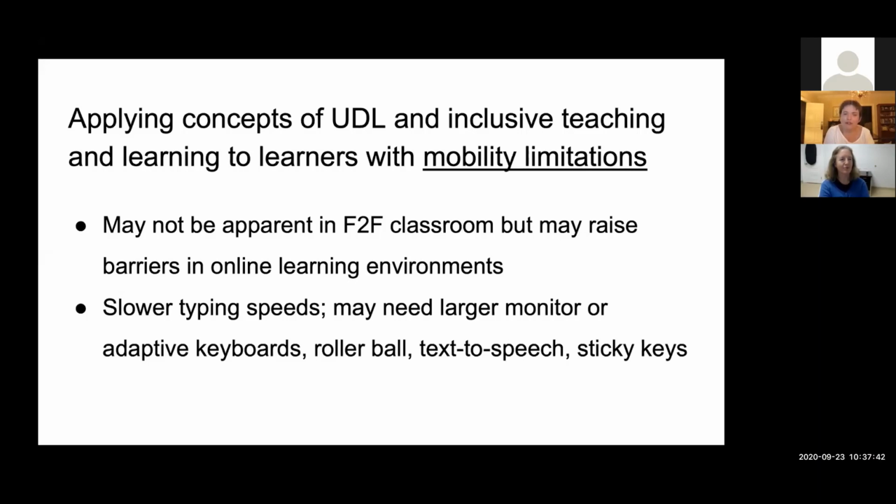But we can see that with time, these technologies and their accuracy are improving, and they offer important opportunities not only for the students for whom they were originally intended, but perhaps also for other students who may be learners in our classrooms.